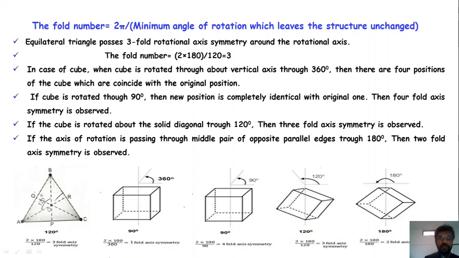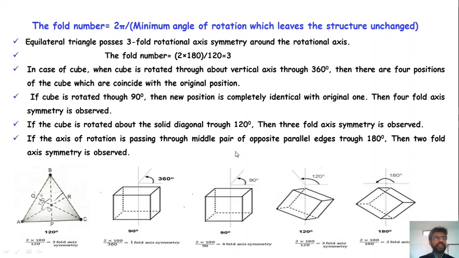Now in case of the second, if the cube is rotated through 90 degrees, when the position is completely identical with the original one, that means like this, if it gets rotated through 90 degrees from this point to this point, then if we substitute this value of 90 degrees, we get the fourfold axis type of symmetry.